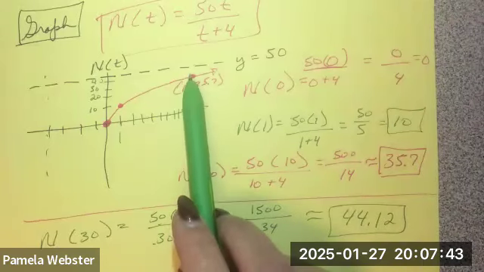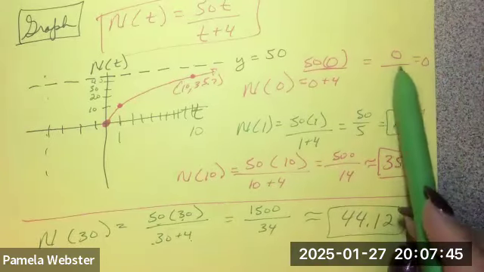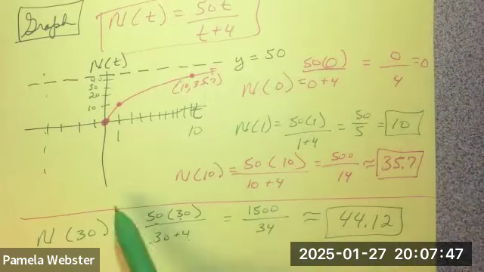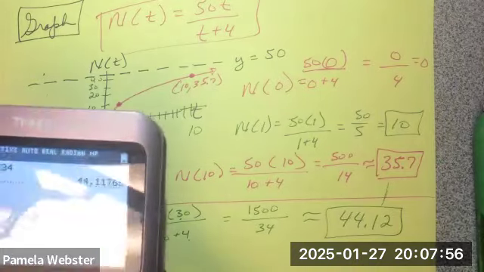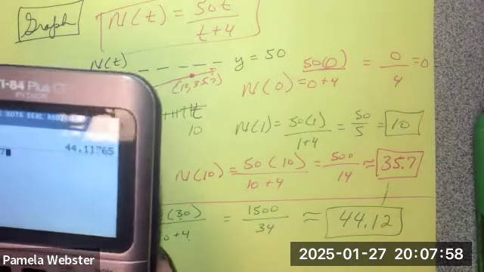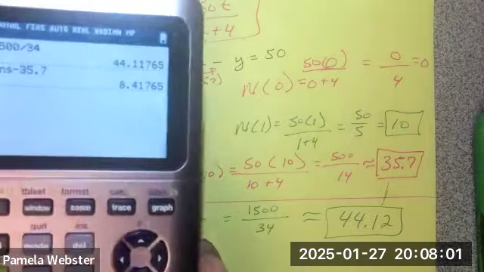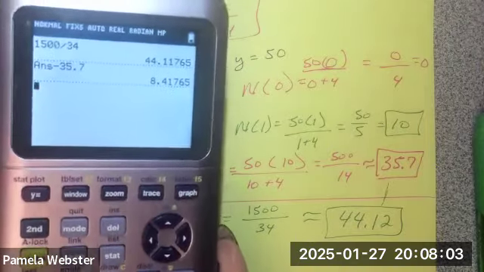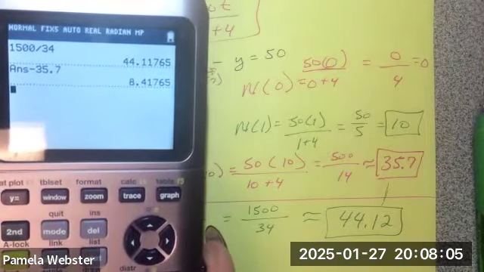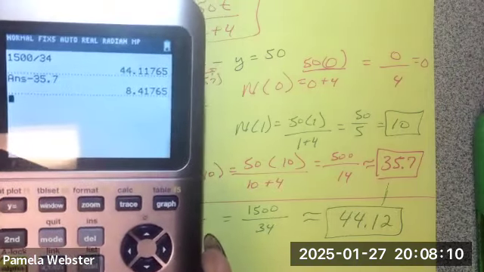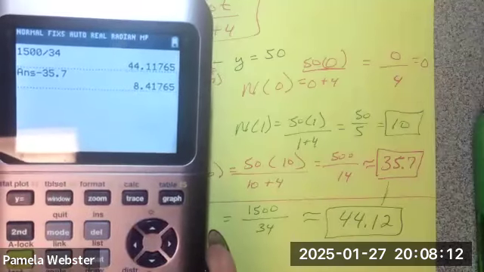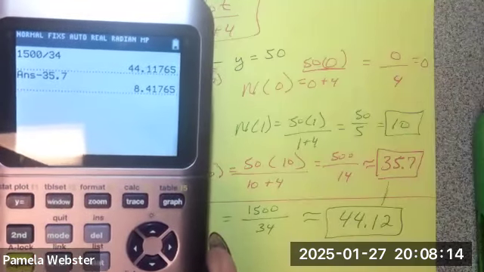Okay. But now we added 20 more days. We're way out here on this graph now, right? Okay. 20 more days of training, which you would think would be a lot, but how much did we add component wise? So 44 minus 35.7. Okay. Somebody in the back office somewhere is going to say, hey, we added 20 days of training, and this person can only do basically 8 and almost a half extra computer parts, right?